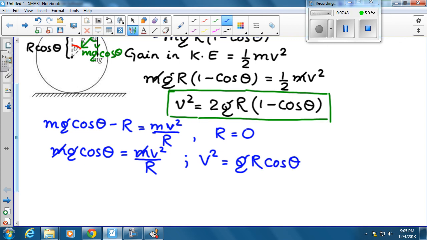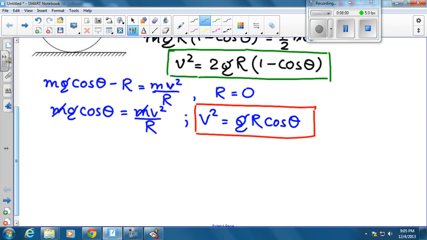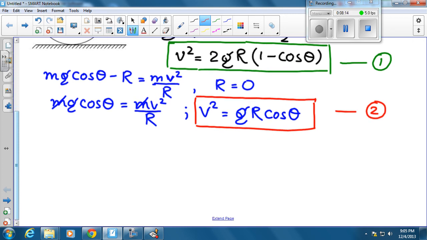So you get another equation, and that is v squared equals gR cos theta. Now what we could do is equate these two equations. I could write this as equation 1 we got, and this was equation 2. So let's equate those two equations and try to get the angle theta.